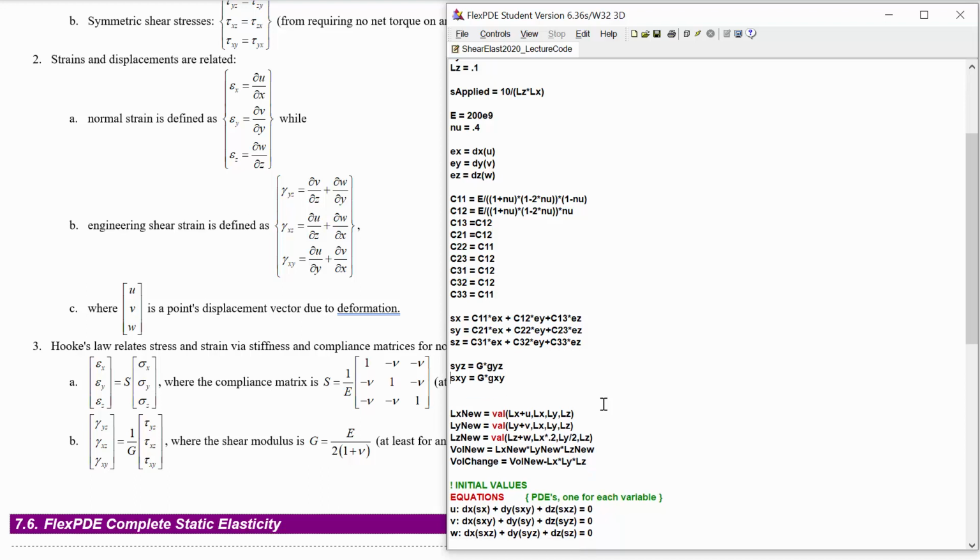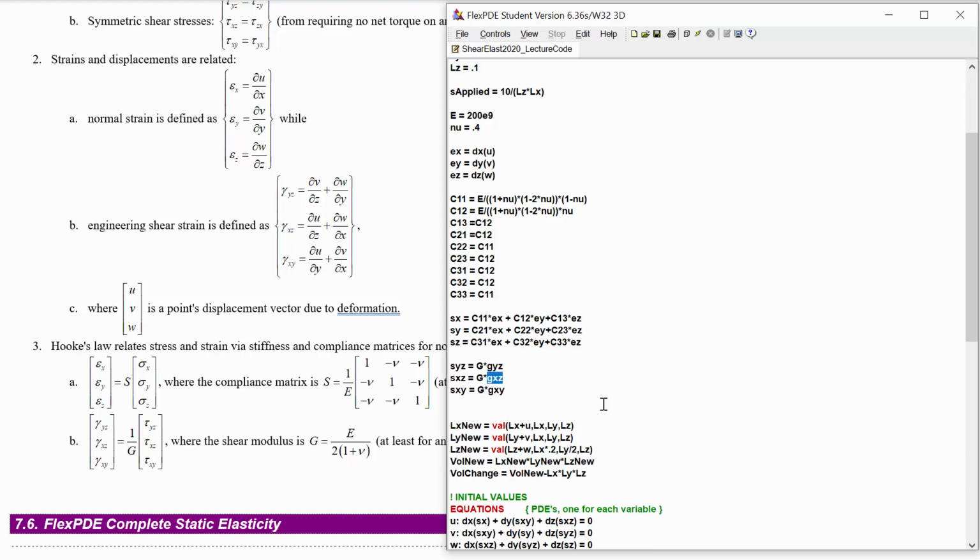Stress in xz, that's perpendicular to y, is going to be G times gamma xz. And shear stress in the xy direction is G, big G, shear modulus, times gamma xy, perpendicular to z.